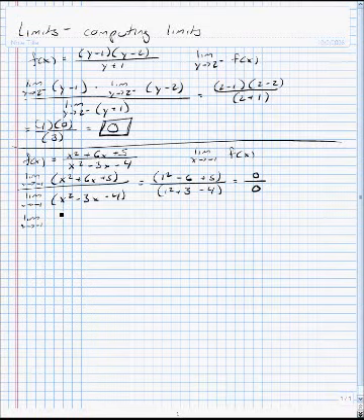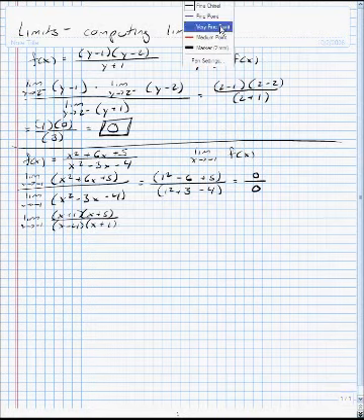We can factor the top, x squared plus 6x plus 5, into x plus 1 times x plus 5. In the bottom, x squared minus 3x minus 4 factors to x minus 4 times x plus 1.